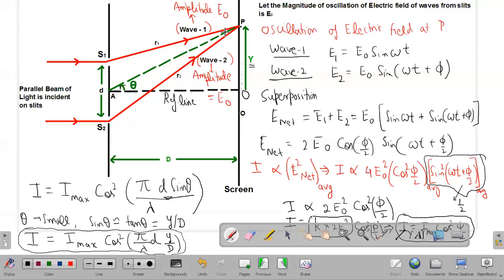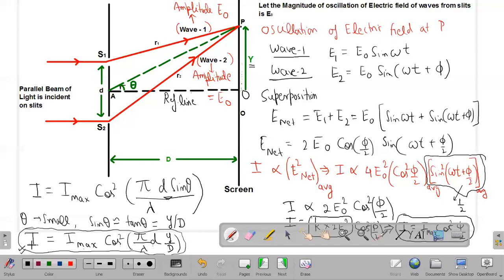Look, we cannot find what is the absolute intensity, but we can compare the intensity at any point on the screen with the maximum intensity on the screen. So this is the comparison factor, that intensity at any point equals the maximum intensity times cos square pi by lambda into dy over D. Now we will plot this expression.